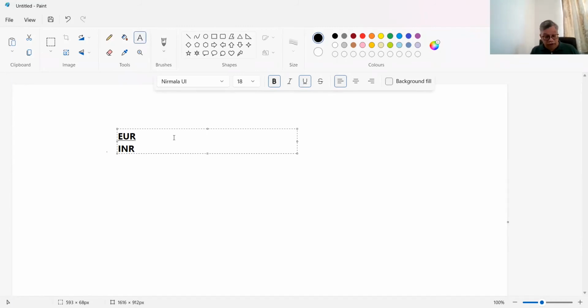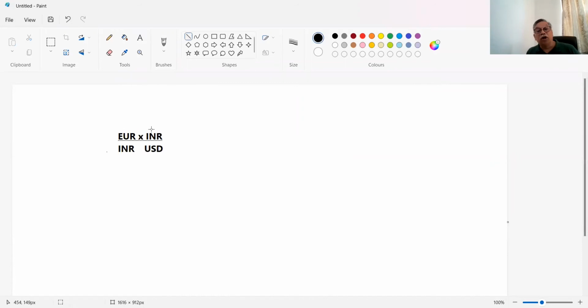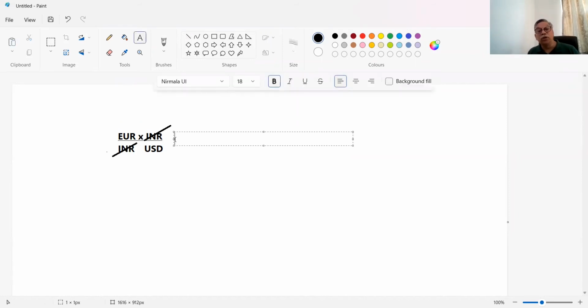Euro divided by rupee multiplied by rupee divided by USD. Why? Because I'm buying Euro futures and I'm selling dollar futures. Naturally, what will happen? The common factor rupee will get cancelled out. And this will become essentially equal to Euro upon USD.